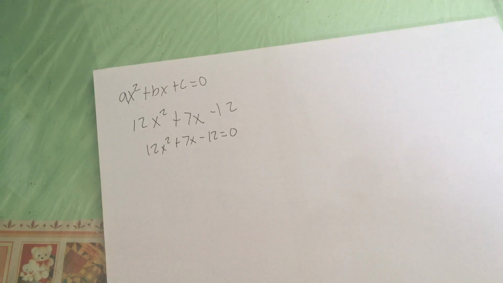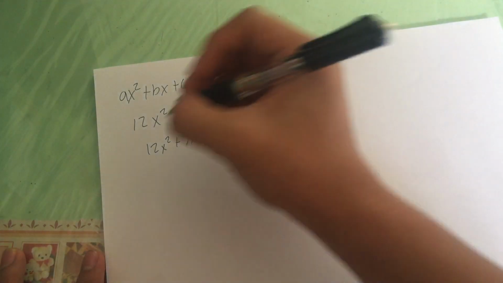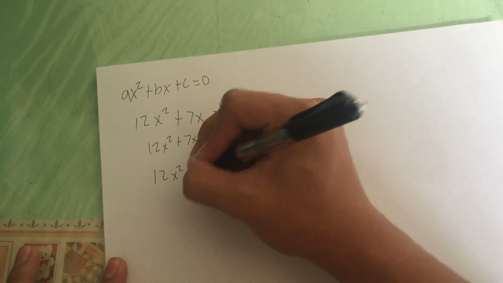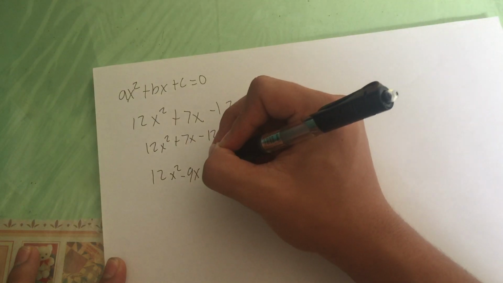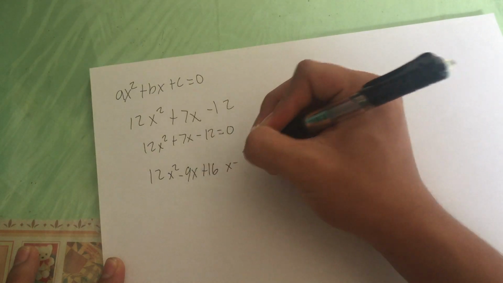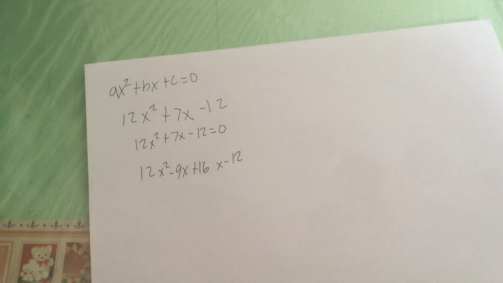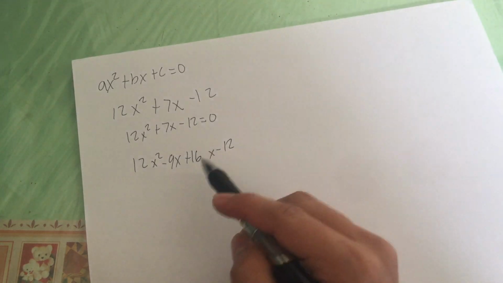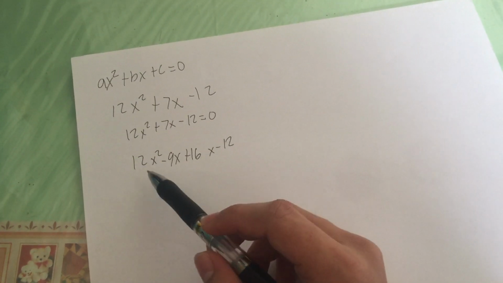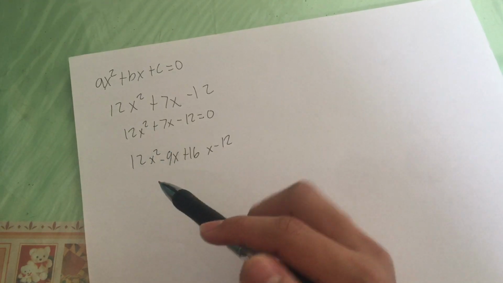First, we're going to find the greatest common factor. So it will be 12x squared minus 9x plus 16x minus 12. What you're going to do here is combine the like terms and take the greatest common factor.